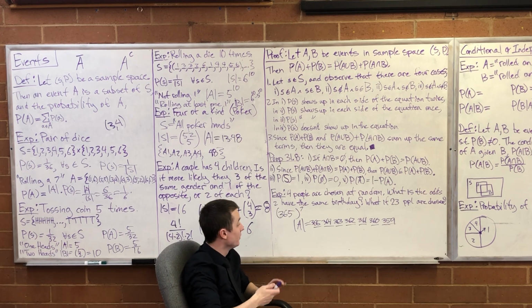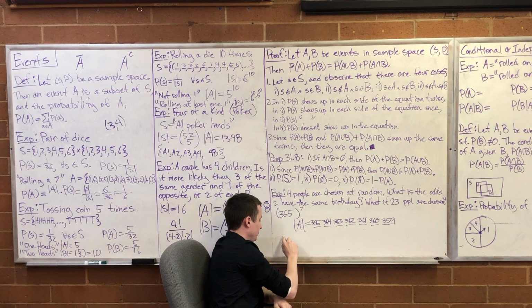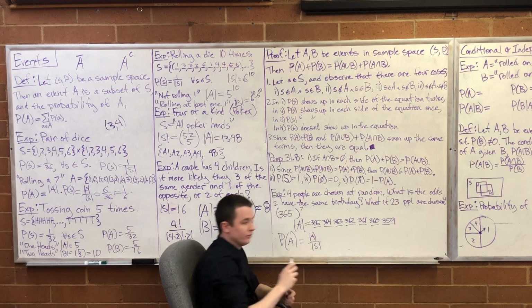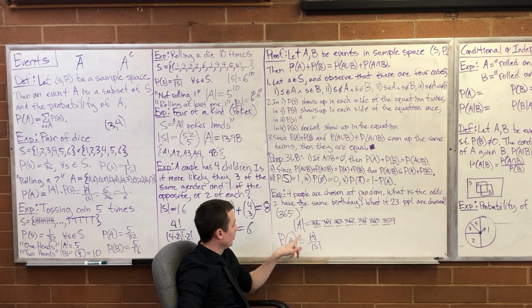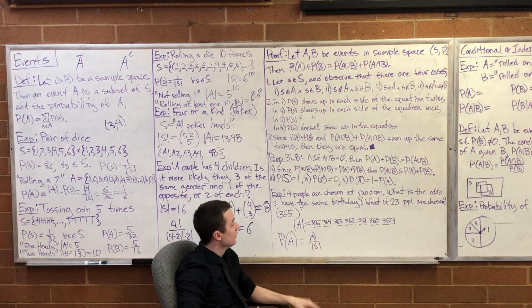So then the probability of A is equal to just the size of A over the size of S, right? These are all the ones where we don't have the same birthday, and this is all the possible birthdays, right? So now, obviously, is that number big or small? Big.